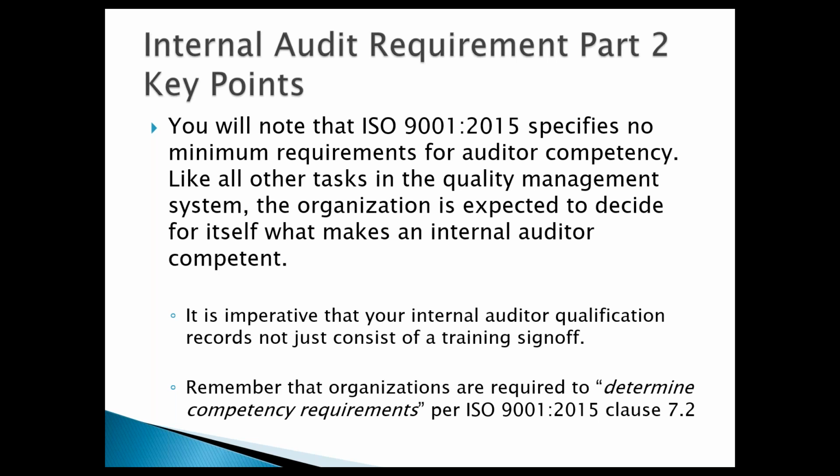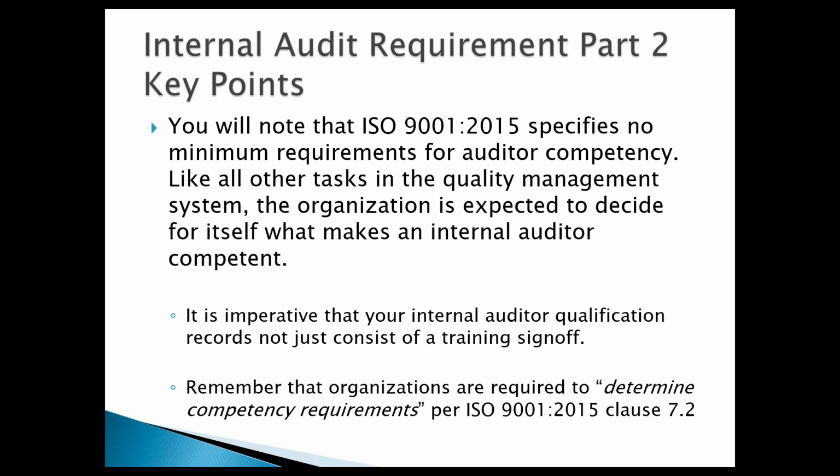Talking about auditor competency. ISO 9001:2015 has no minimum requirements for auditor competency. Just like everything else that's done within your quality management system, the expectation is that you will decide for yourself what it means to be competent.